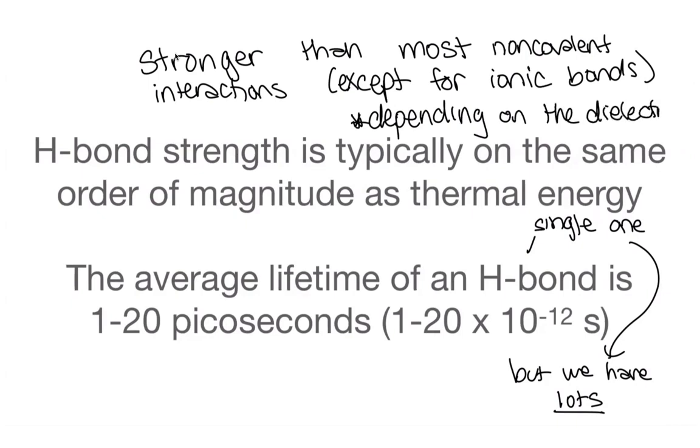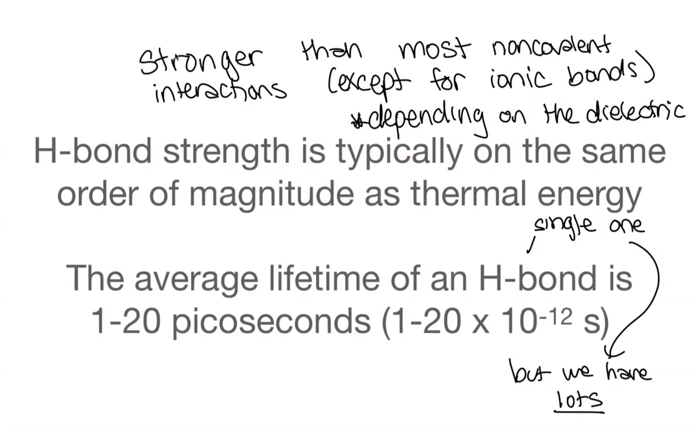Basically, if you have something very polar, with a lot of salt, those ionic bonds are going to be weaker, and therefore the strength of those hydrogen bonds is going to increase in importance. We'll look at that when we think about ionic bonds on the surface of a protein versus inside of a protein. But for the most part, we think about hydrogen bonds as being weaker than ionic bonds, but stronger than most of the non-covalent bonds that we're going to talk about.